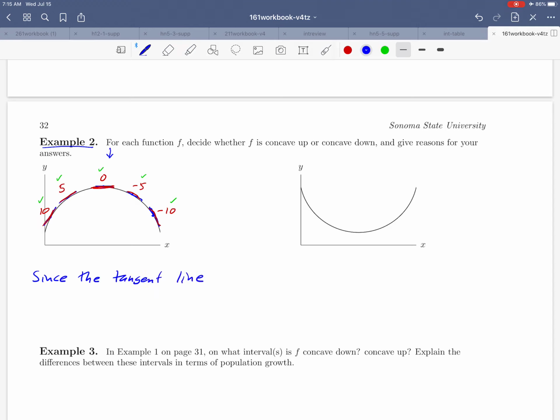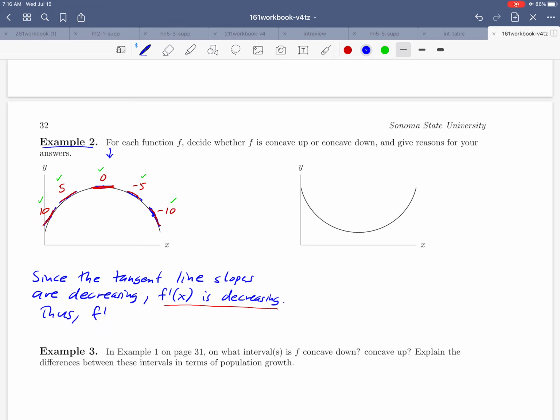Since the tangent line slopes are decreasing left to right, we know that the derivative function is decreasing, because the derivative is the slope of the tangent line. But if f prime is decreasing, then the derivative of the derivative has to be negative.